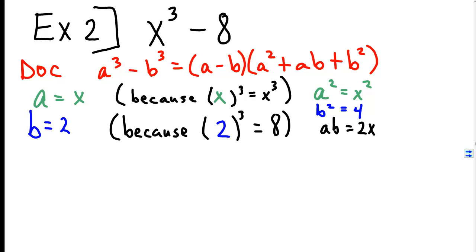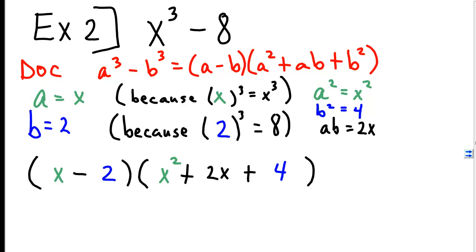And b is equal to 2 because when 2 is cubed, we get 8. Our other pairs, a squared equals x squared, b squared equals 4, and a times b equals 2x. Putting this in our formula, we get x minus 2 times x squared plus 2x plus 4.